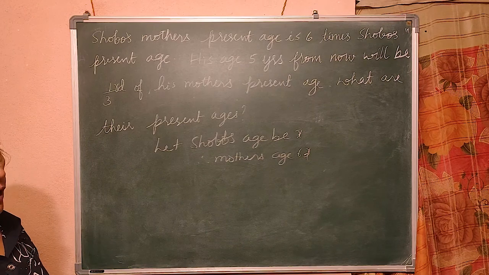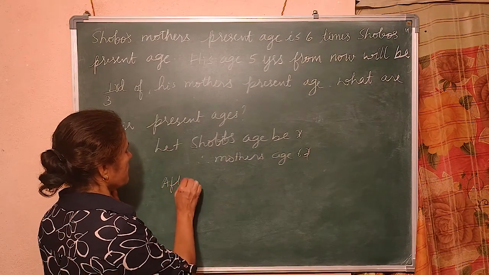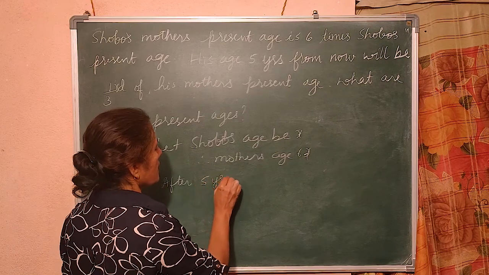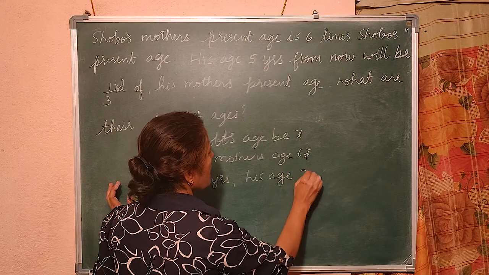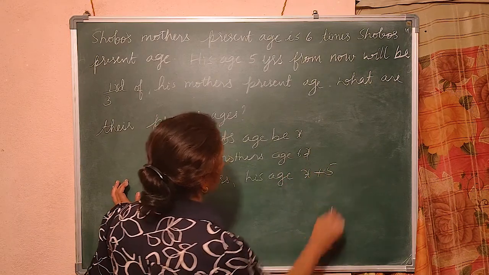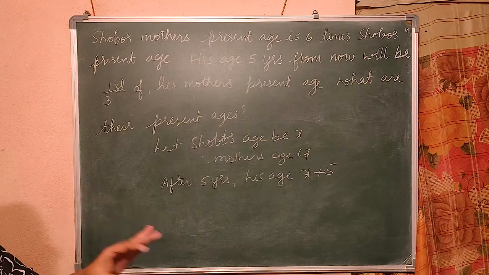His age after 5 years, that is, 5 years from now, how much? x plus 5 will be 1/3 of his mother's present age.